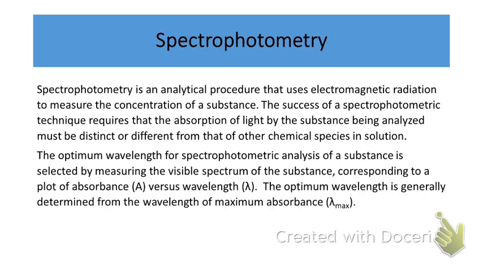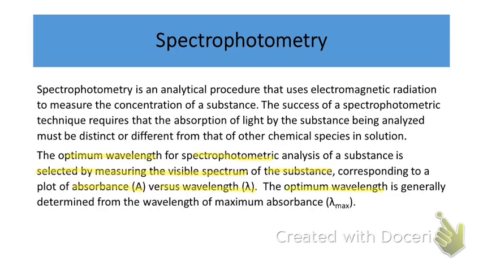The optimal wavelength for a photometric analysis of a substance is selected by measuring the visible spectrum of our compound. So we take a pure compound, the only thing in it besides maybe water, and we determine the light that is absorbed by that compound, and then we plot a graph of absorption versus the wavelength.